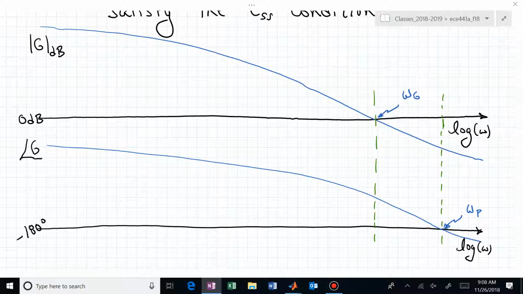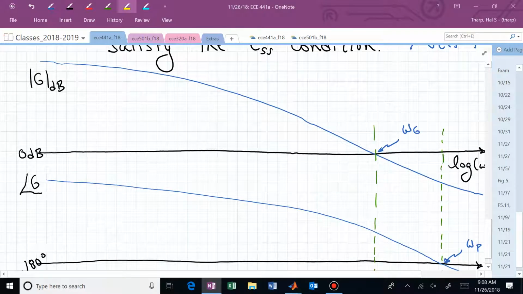So now I can increase the gain or decrease the gain to satisfy my steady state error specification. And let's assume I've done that, and this particular sketch is a consequence of me adjusting the gain in my system to achieve steady state accuracy, which probably means I was focusing on what's happening here at low frequencies in terms of my gain.